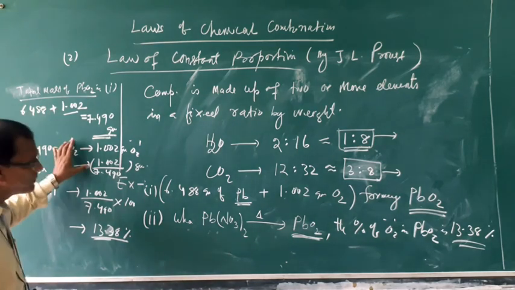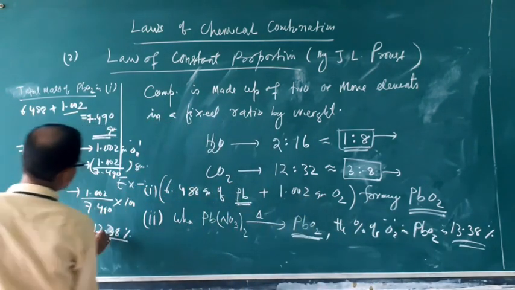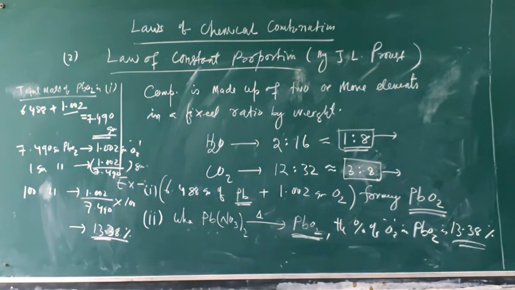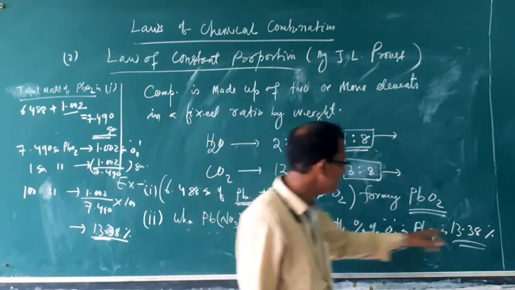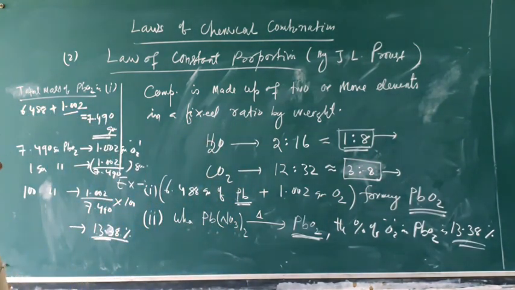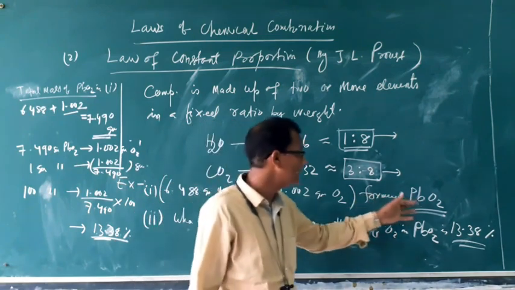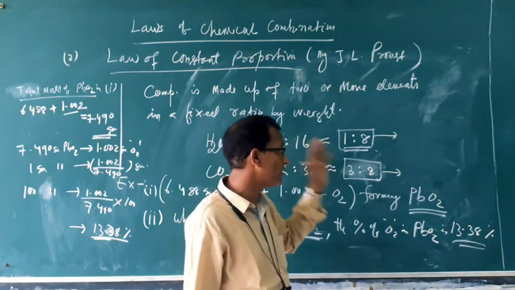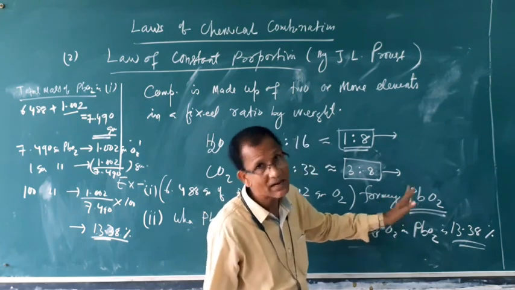That means in the first experiment, the percentage of oxygen in PbO2 is 13.38%. In the second experiment, the oxygen percent in PbO2 is 13.33. That means the composition of PbO2 is the same in the first experiment and second experiment.